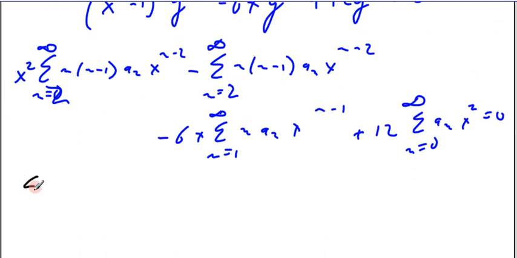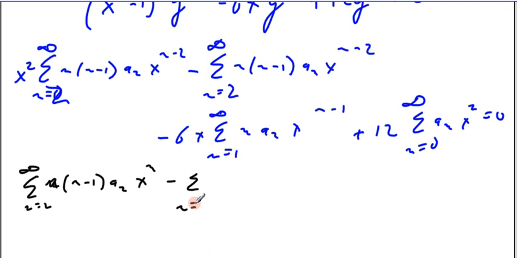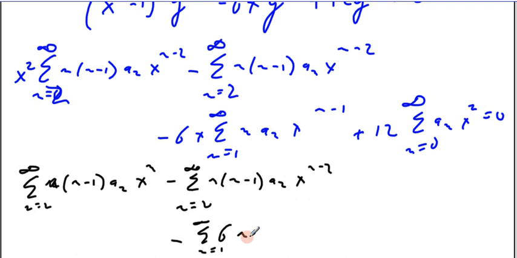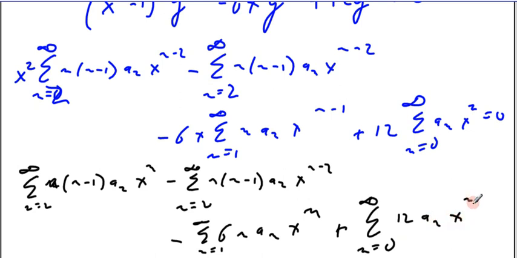Okay, bring in the x squared term. Summation n 2 to infinity n, n minus 1 an x to the n, minus summation n equal 2 to infinity n minus 1 an x to the n minus 2, minus summation n equal 1 to infinity 6 n x to the n, plus summation n equals 0 to infinity 12 an x to the n is equal to 0.